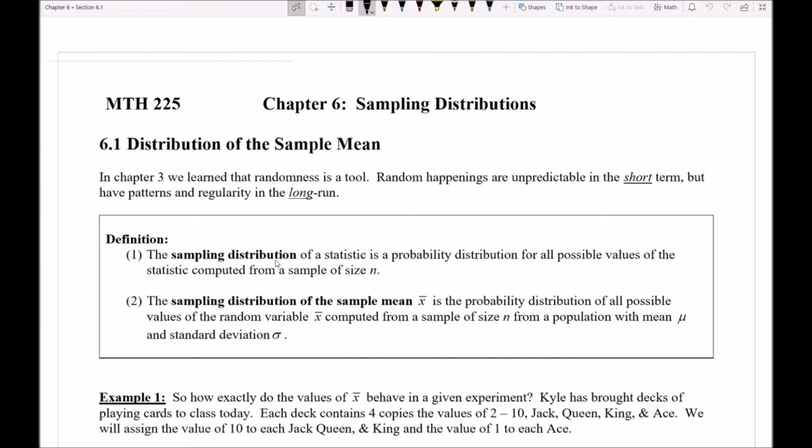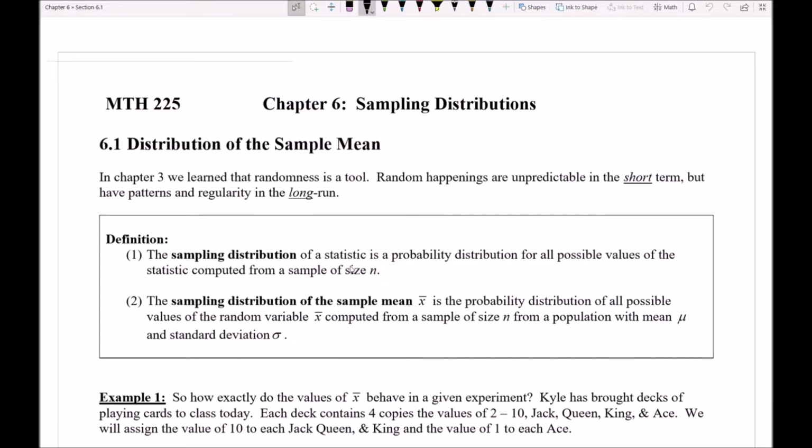A sampling distribution of a statistic is a probability distribution for all possible values of a statistic that's computed from a sample size. When we talk here about a statistic, remember this is some value that describes a sample.